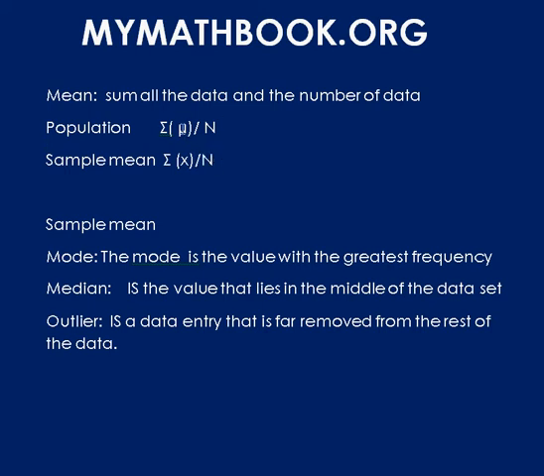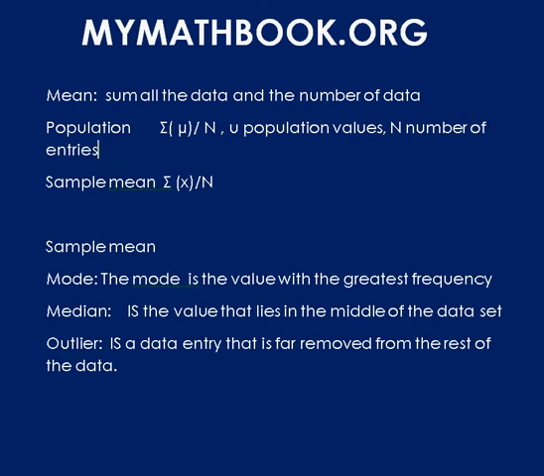These are going to be the population values, and then it's going to be the number of entries. So you assign mu to the population and n to the number of entries.